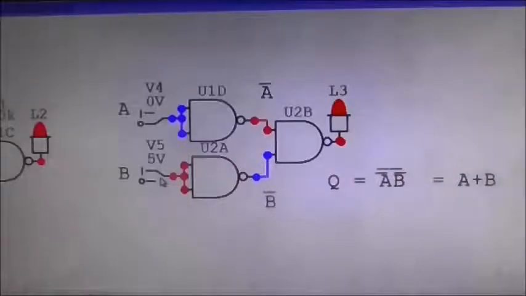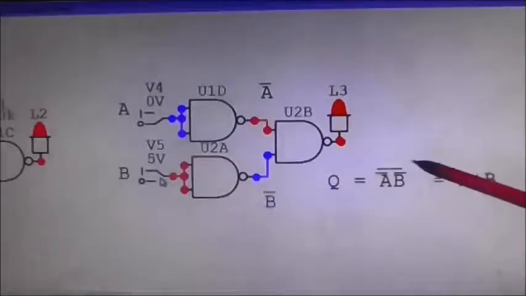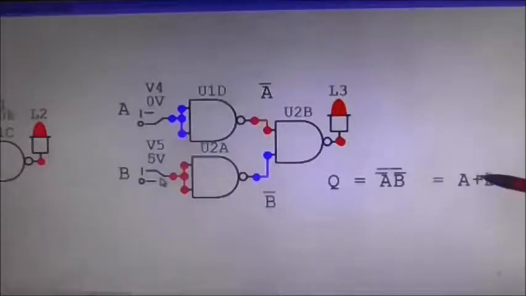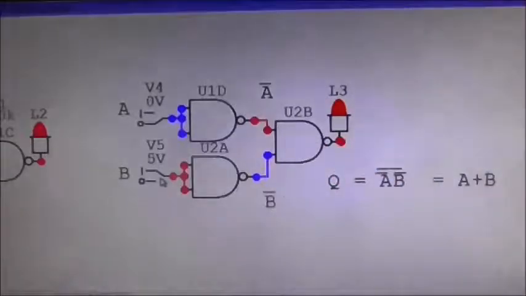Now the Boolean equation can be expressed, if you want to, as Q equals bar A, bar B. However, Mr. De Morgan came along and looked at that and worked out that that can actually be transposed to A plus B. And that, as we've seen, is the Boolean equation for an OR gate. So there we are. By using 3 NAND gates, we can make an OR.